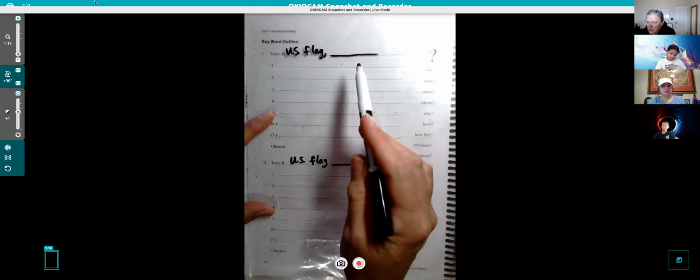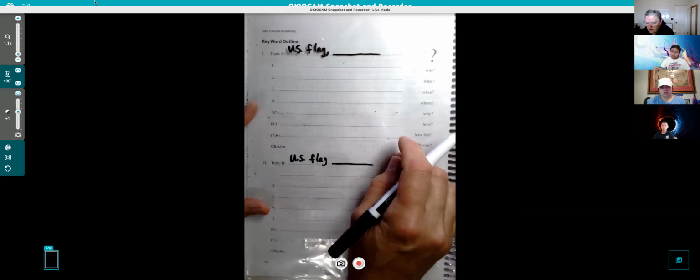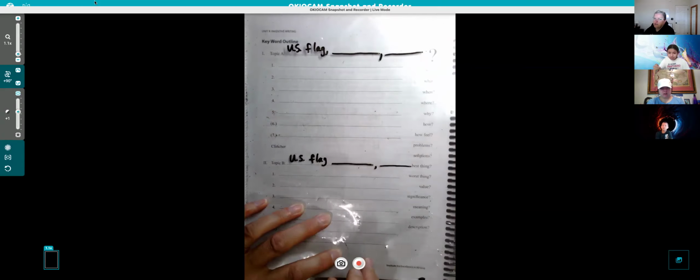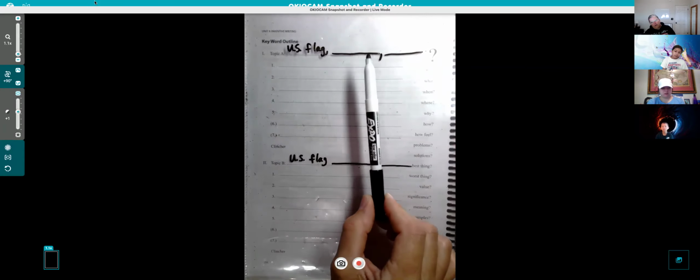This one's going to be also US flag. And then wherever you pick could be library. So you need to pick 2 different places where the flag is. And you have space for one more word here, so you can add another word. If it's school, you can put playground or office building or wherever the flag is located. And then you guys see right here on the side all the questions.